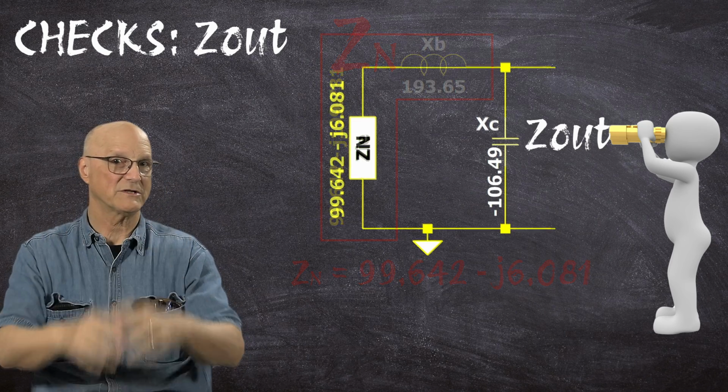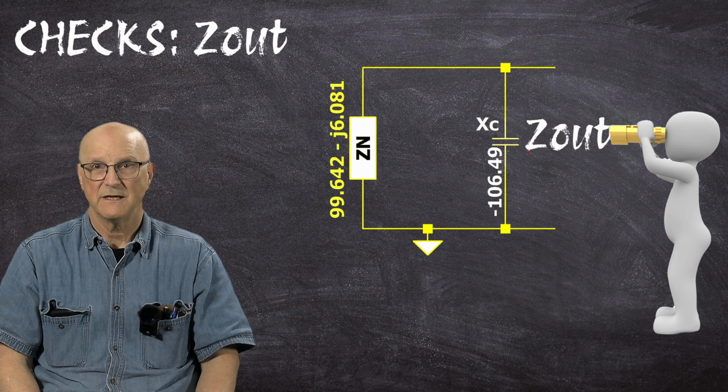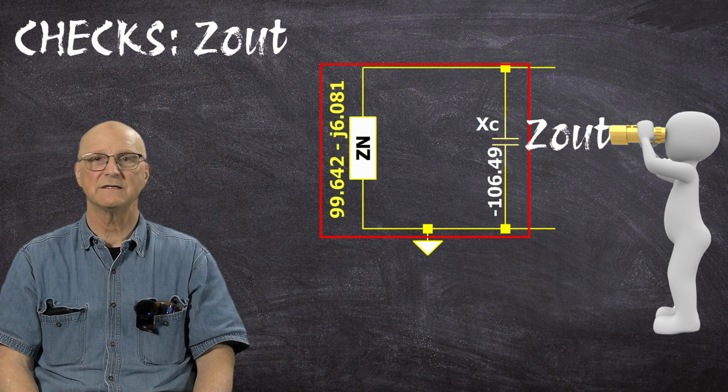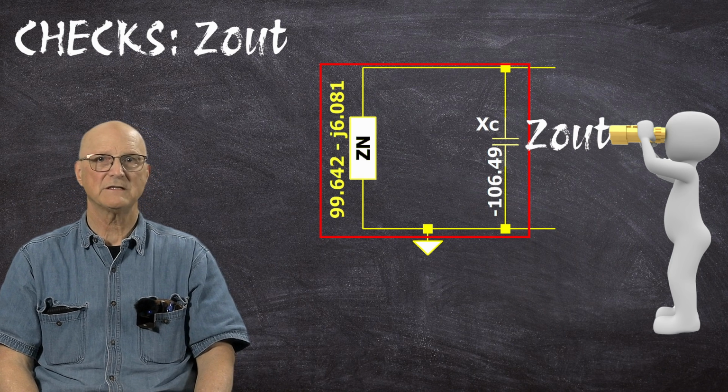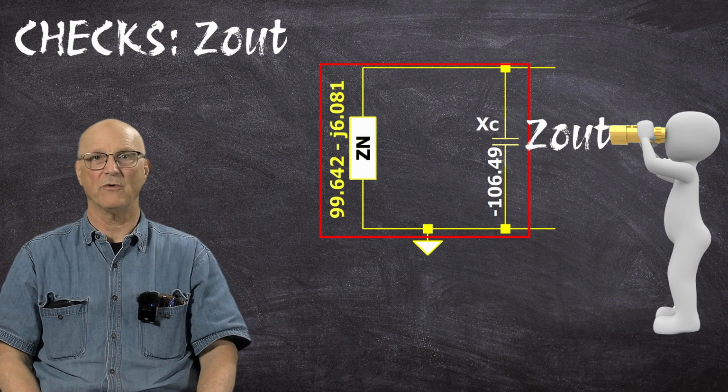We've got to go back to our schematic one more time. I can see that this impedance is in parallel with the output capacitor whose reactance is XC. This parallel combination is the output impedance of our matching network.